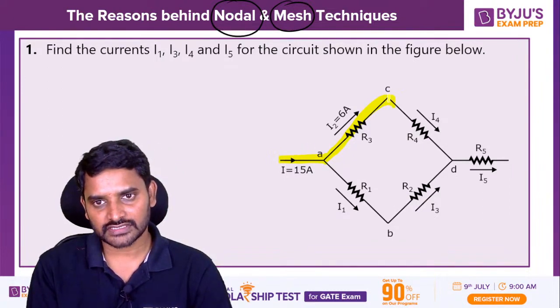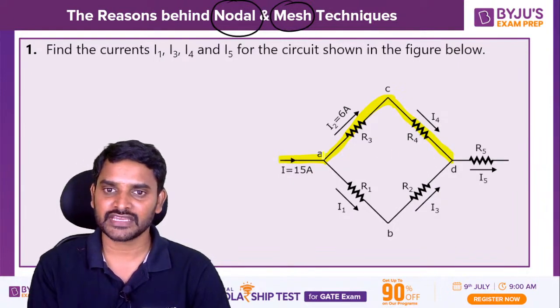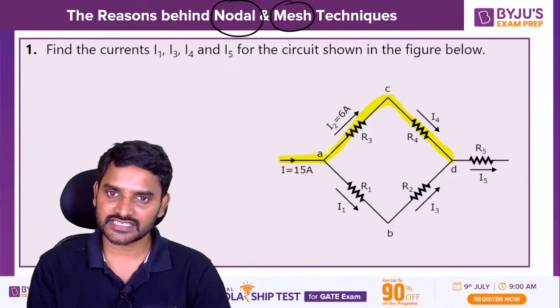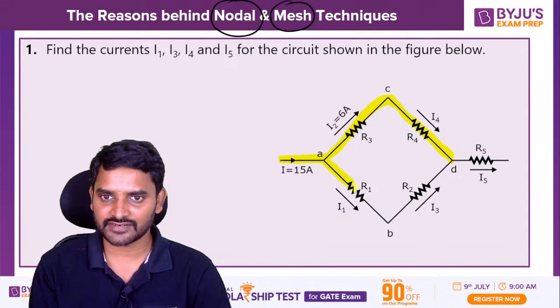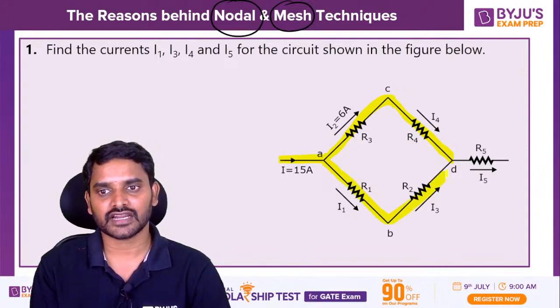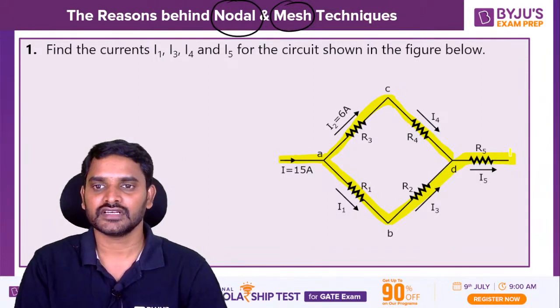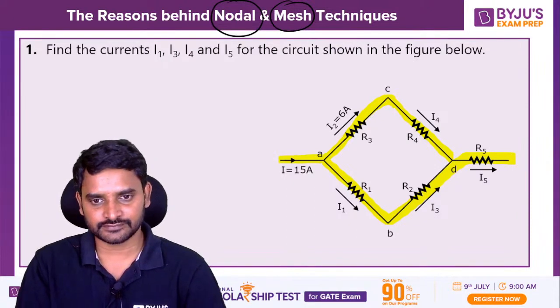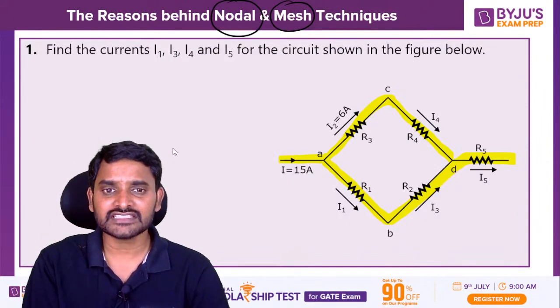That 6 amperes will flow through this path, and the remaining current will flow through R1 and R2 and come out of the junction D.